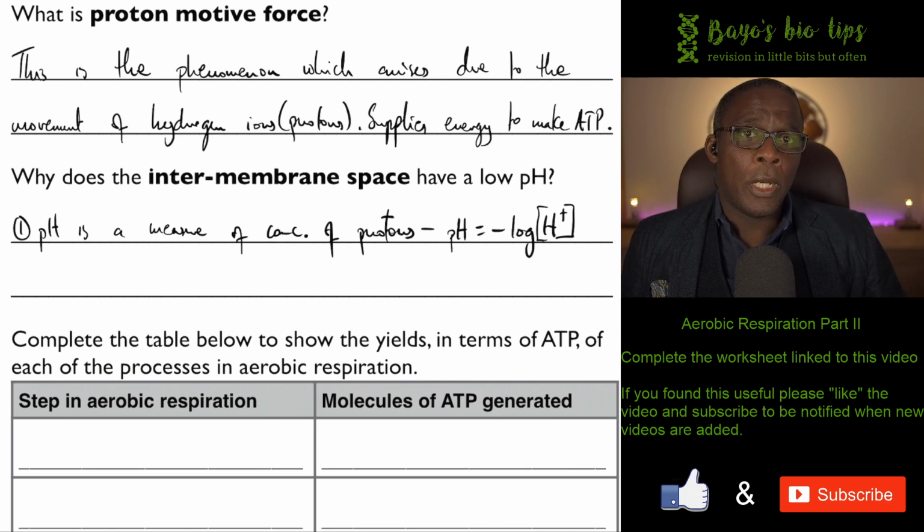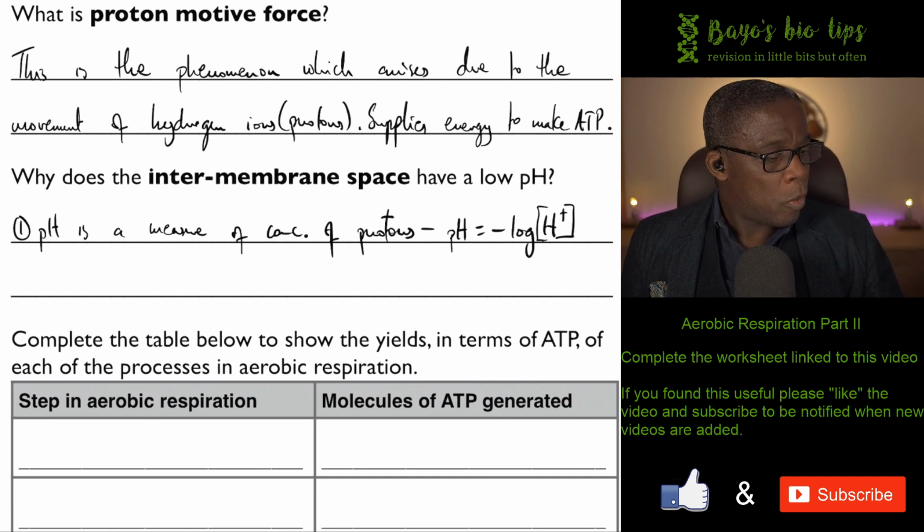So the lower concentrations end up with higher figures, and the higher concentrations end up with lower figures. That's why things that are more acidic and that end up with a higher concentration of hydrogen ions actually have a lower pH. So something like HCl could have a pH of 1, whereas more alkaline solutions, which have a lower concentration of protons, tend to have a higher pH.